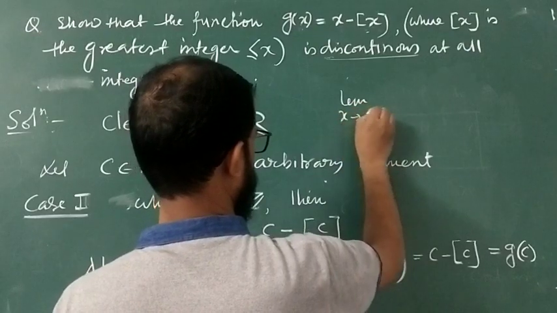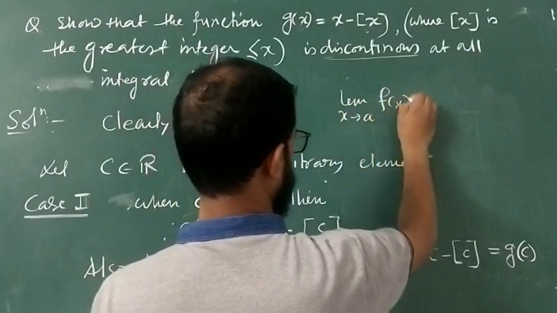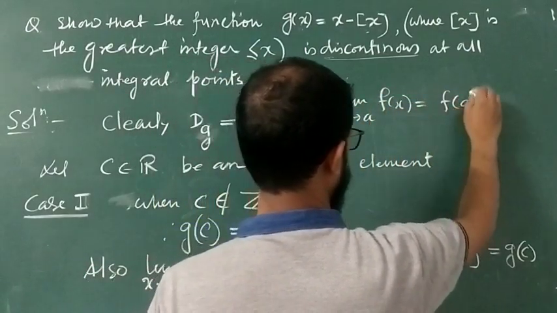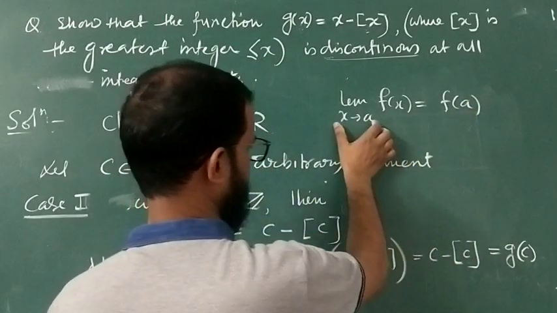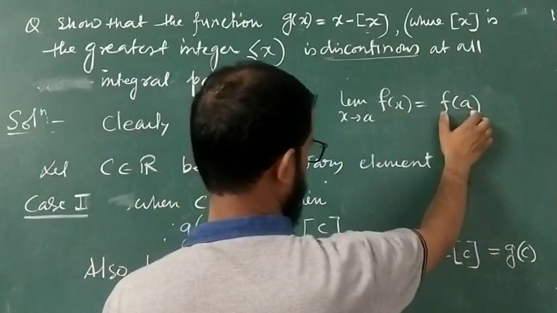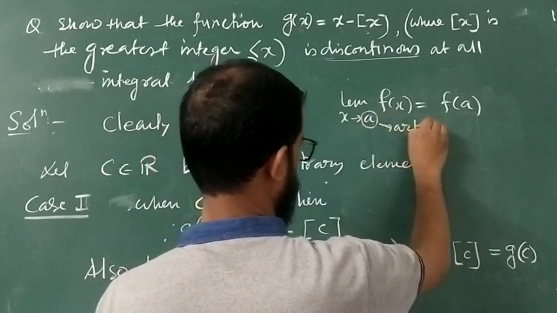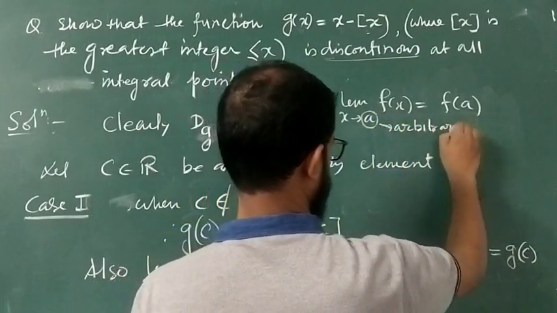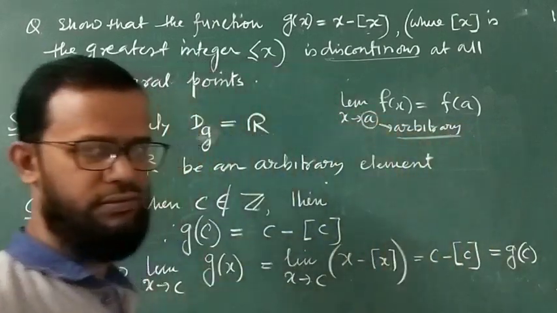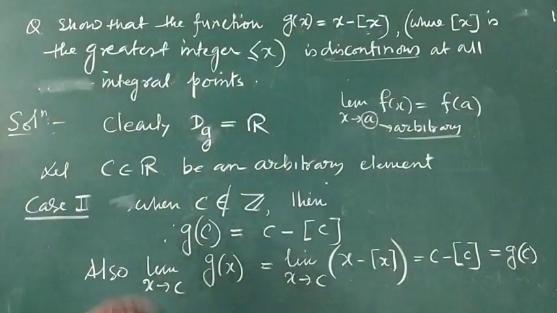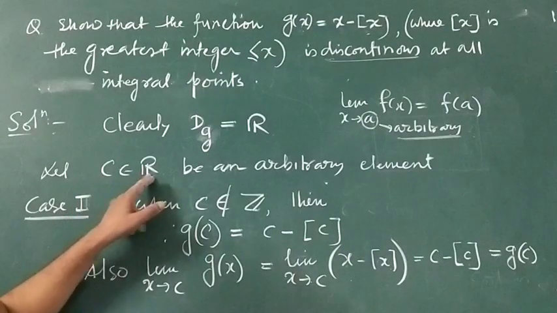I am interested in this particular definition: the limit as x tends to a of f of x equals f of a. You know that a function f is continuous at a point if the limit as x tends to a of f of x is equal to f of a. Here a is an arbitrary point in the domain, any point. Similarly, R is divided into two parts.